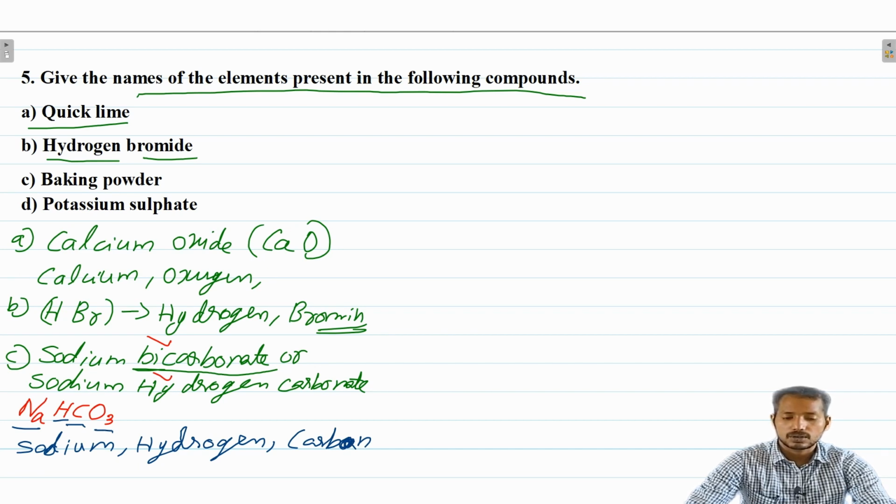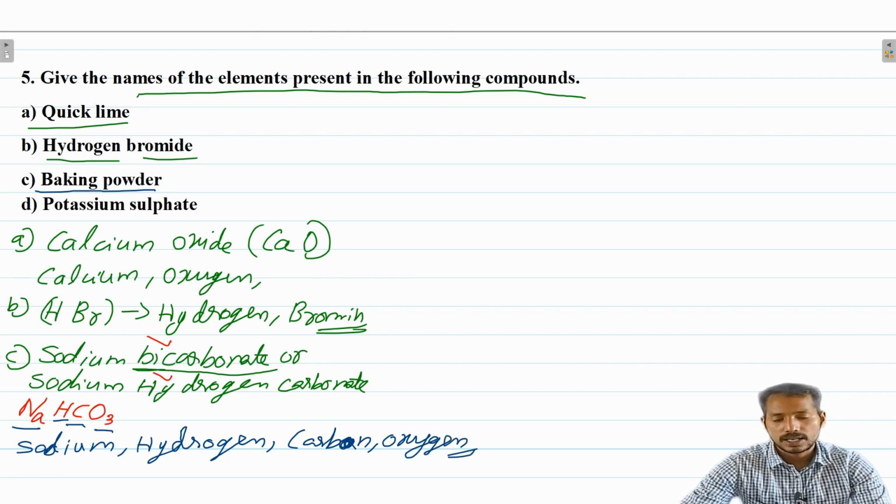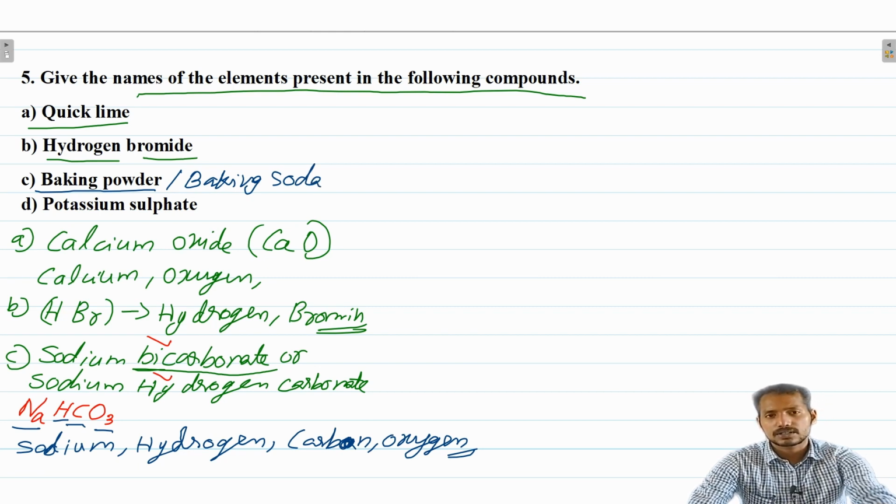And fourth one is oxygen. These are the elements. The same formula we will use in case of baking soda also. Baking soda. The small differences in the chemical composition, but still major component of baking powder and baking soda are same.